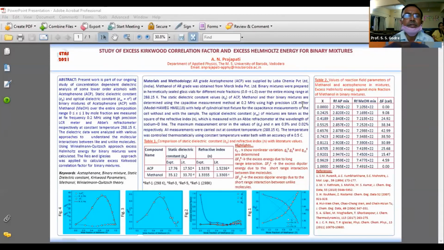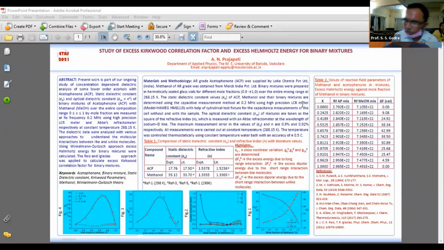We studied binary mixtures over concentrations from 0 to 1, and to understand the molecular mechanism, we use two approaches: one is the Kirkwood approach, and another is the Reis and Diaz approach. Using both these approaches, we define the molecular interaction between the participating liquids.